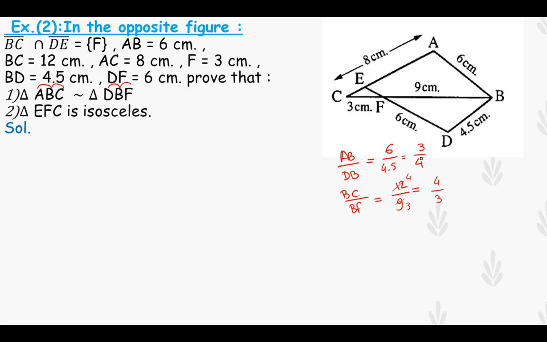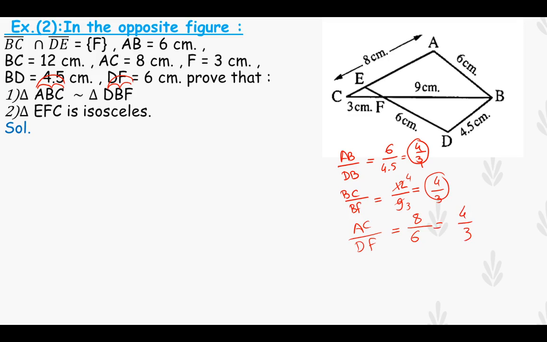And the first one, if we put 6 over 4.5 in the calculator, it will also be 4 over 3. So we have 4 over 3, and the last ratio will be AC over DF. AC is 8 centimeters, and DF is 6 centimeters. In the simplest form, it will be 4 over 3.